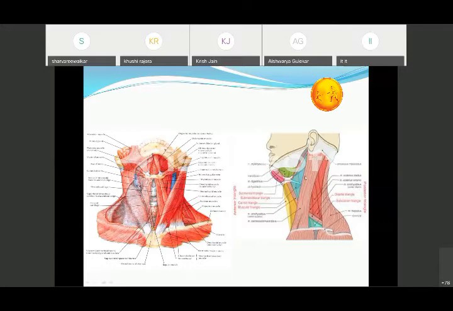So the sternocleidomastoid is the main muscle which divides the neck into anterior and posterior triangle. Here you can see this is the anterior triangle. In this second figure, just anterior to the sternocleidomastoid muscle is the anterior triangle of the neck, and posterior to the sternocleidomastoid muscle is the posterior triangle of the neck.